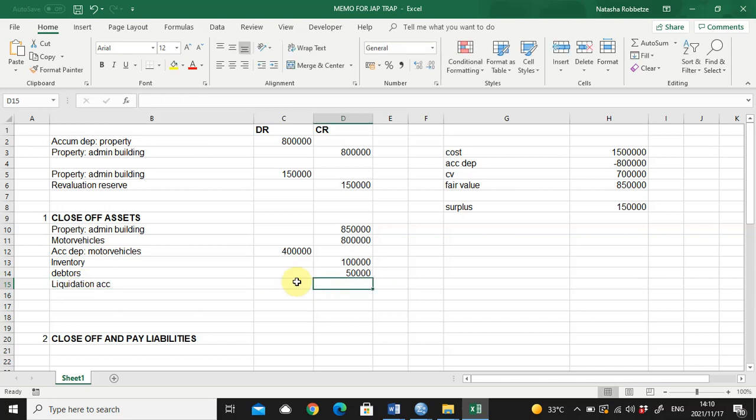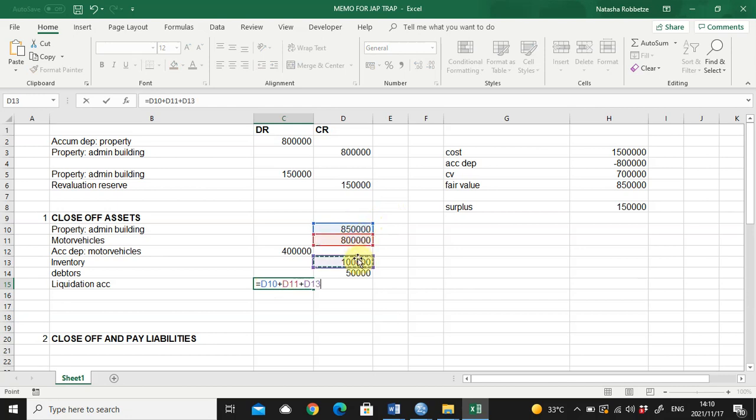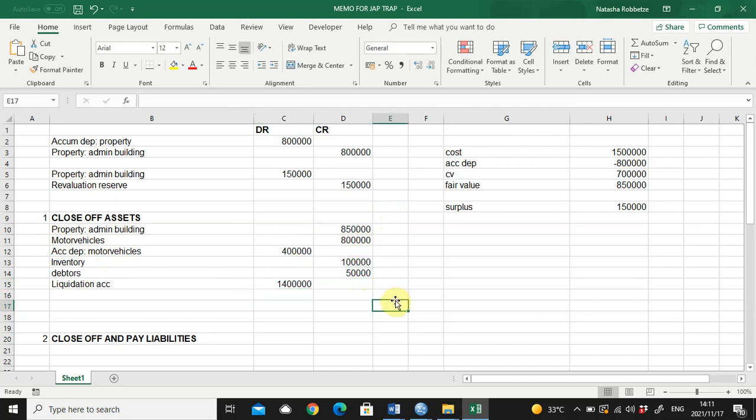All right, it seems to me like the liquidation account balance will lie on the debit side. So I'm going to take all the amounts on the credit side, add them together, and then minus the debit from it that already exists, which is the accumulated depreciation, and that gives us a balancing figure of 1.4 million to be booked to the liquidation account.